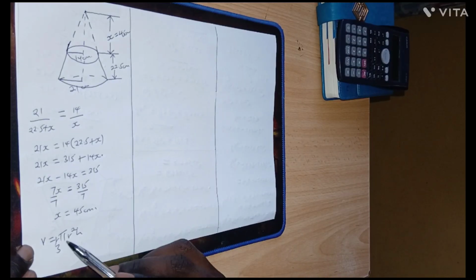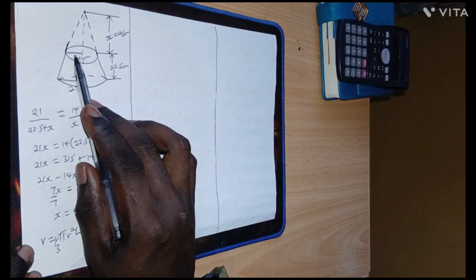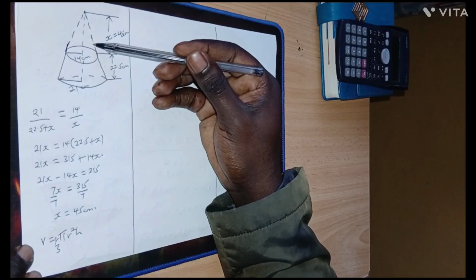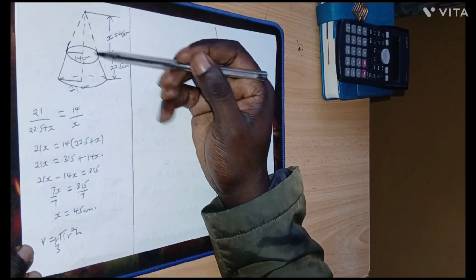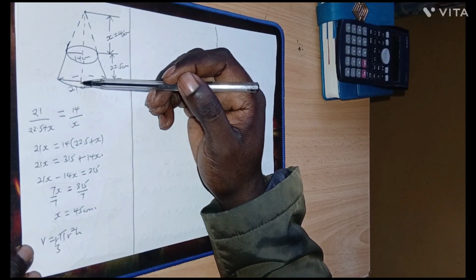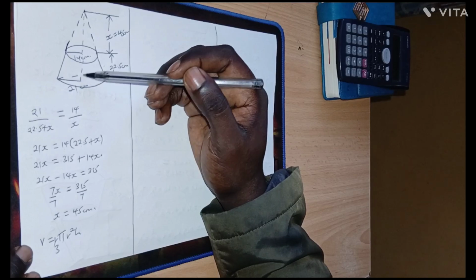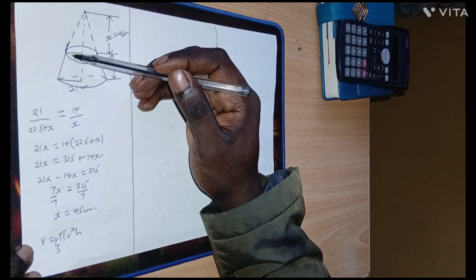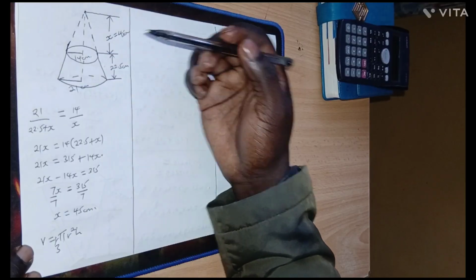So the pi, we know what it is. The r is usually the radius of the bottom bit of the cone we are talking about. So if it's the large cone, the bottom bit radius is going to be 21. If it's this cutout cone, the bottom bit is going to be the top bit of the frustum. Okay, good.